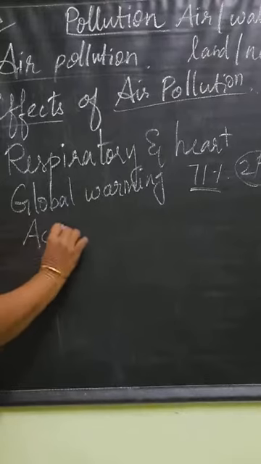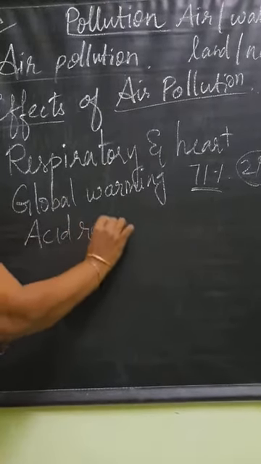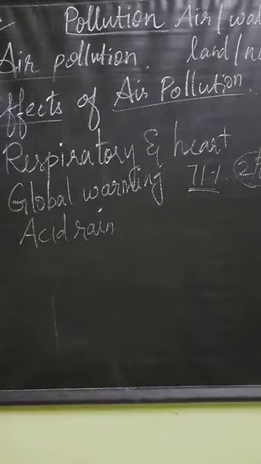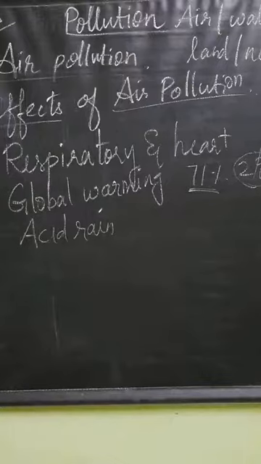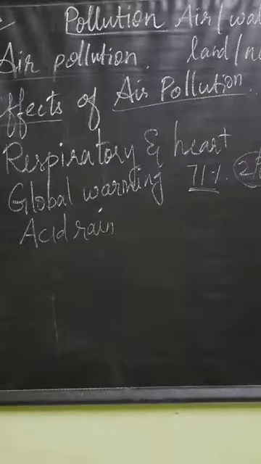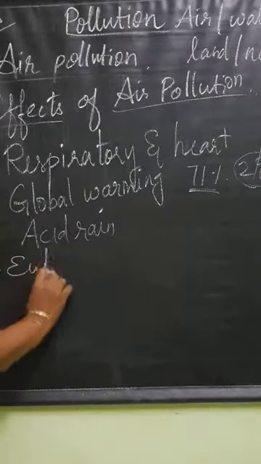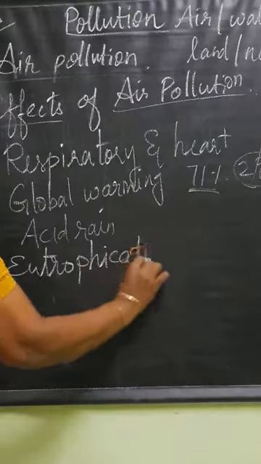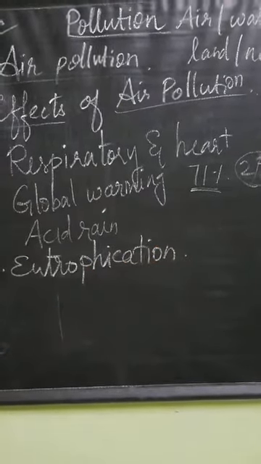Then acid rain, as we studied, isn't it? Sulfur dioxide brings acid rain, because of nitrogen oxides and sulfur oxides. So those fossil fuels bring acid rain, which is harmful to human beings. And eutrophication. What do you mean by that?